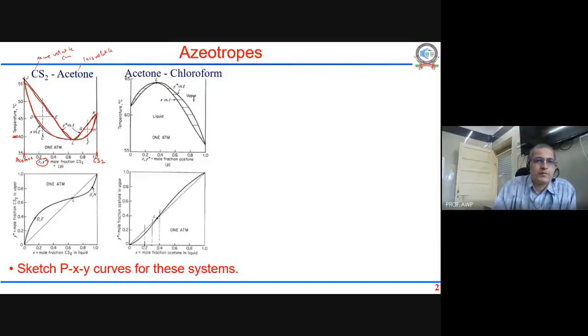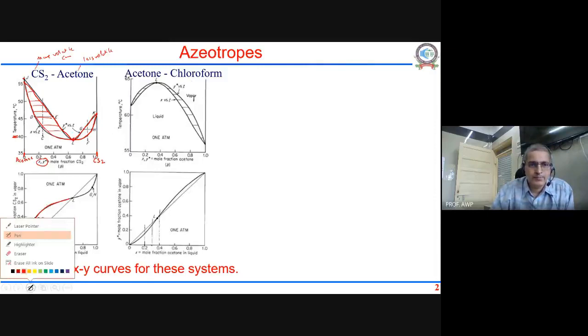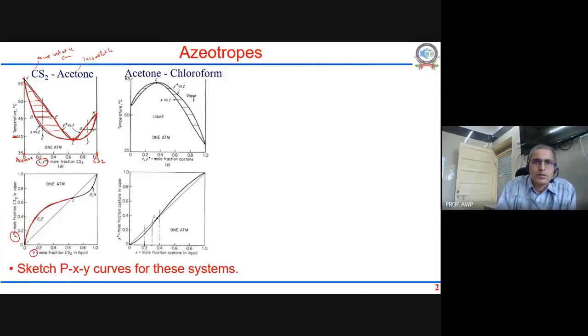So now if I want to depict this in terms of y versus x, I take isotherm lines and correspondingly I plot the x versus y curve. That looks something like this on the left side of this point. On the right side of this point, the y is lower than the x.